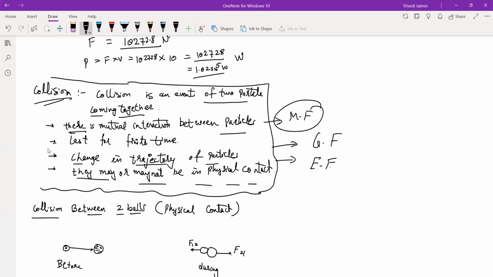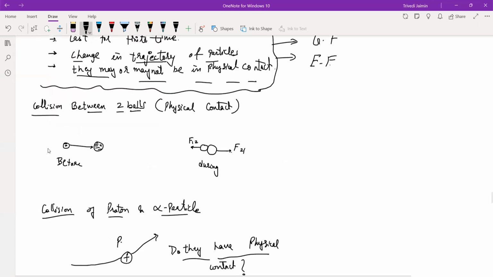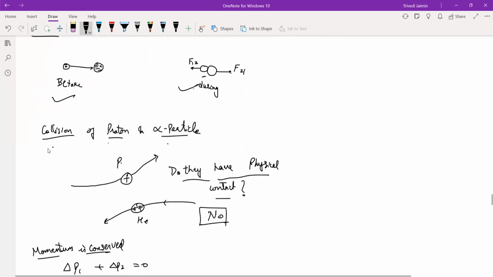So an example of physical contact: before collision and during collision, they are in physical contact. Collision of a proton and an alpha particle does not require physical contact.